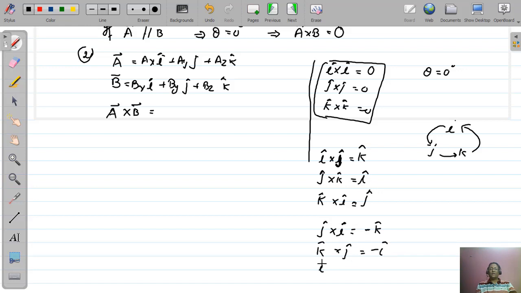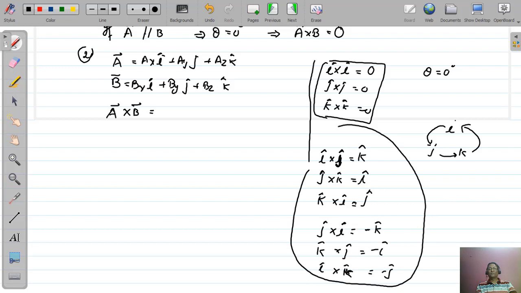And i cross k will give negative of j. So these 9 results we have to memorize, because they will be used in the cross product of these two vectors.